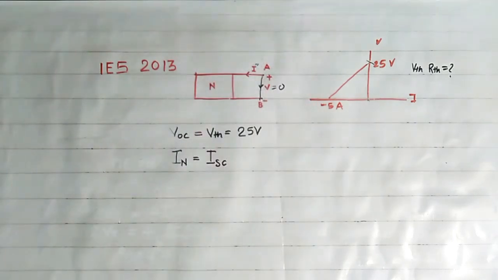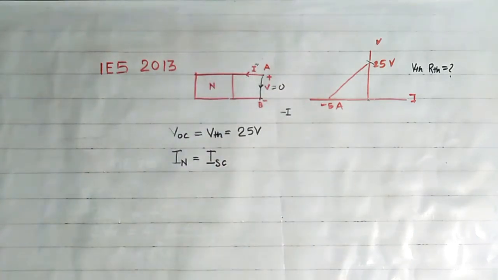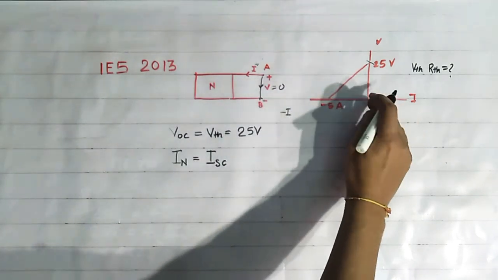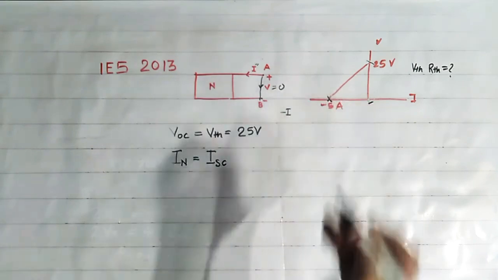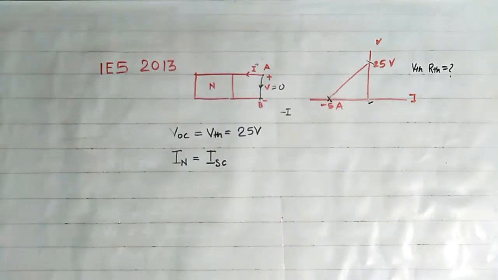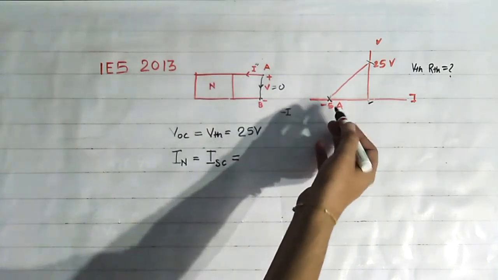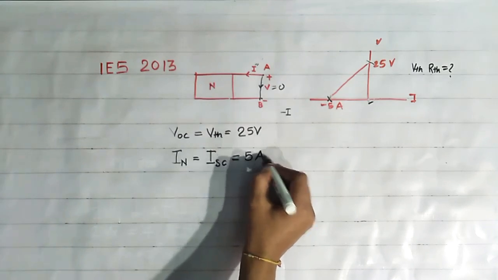And what is the current flowing through this terminal? That is equal to minus I. At V equal to 0, the current is minus 5 ampere. So Norton current is equal to minus I, that is minus minus 5. It means Norton current is equal to 5 ampere.